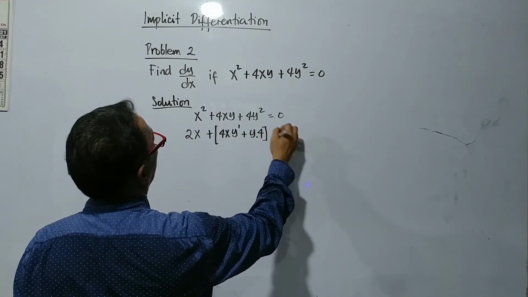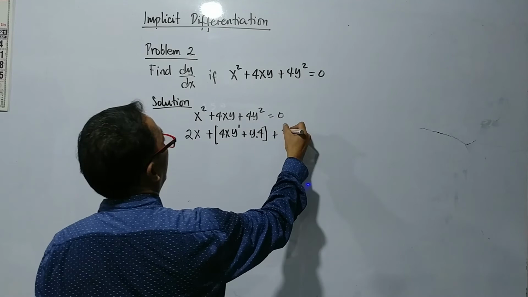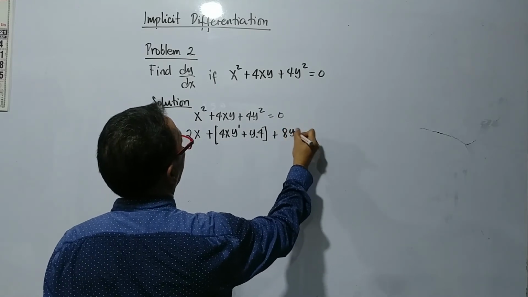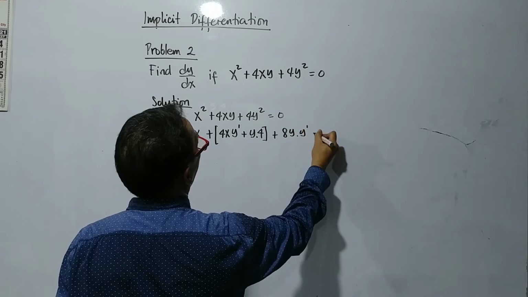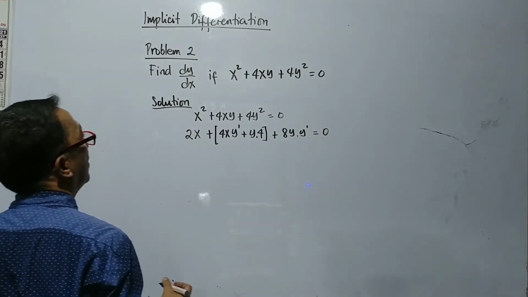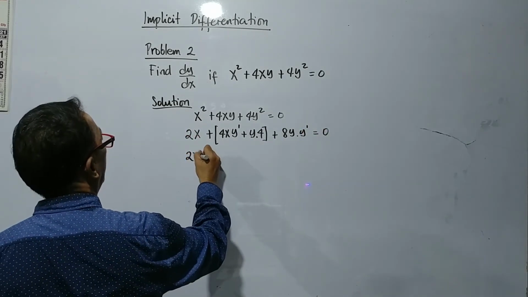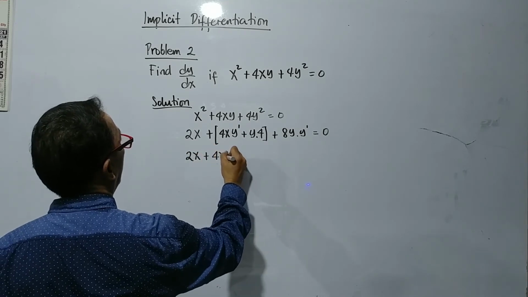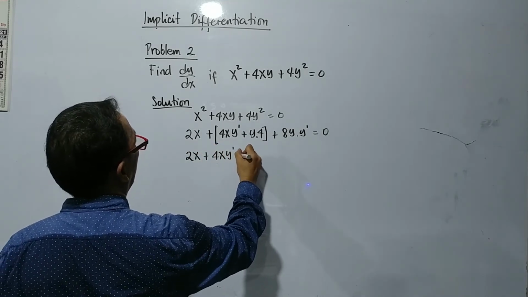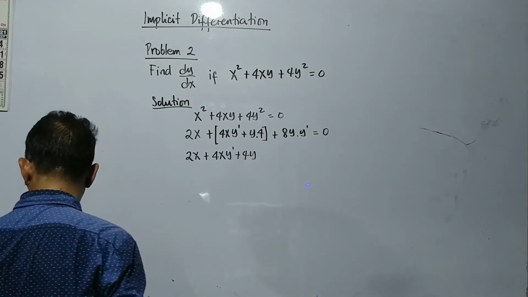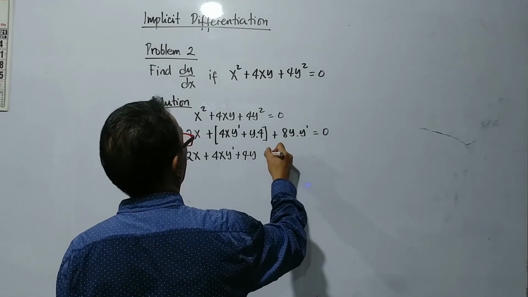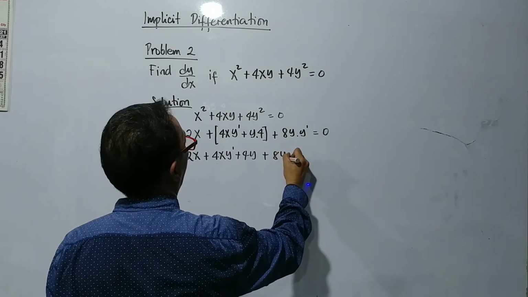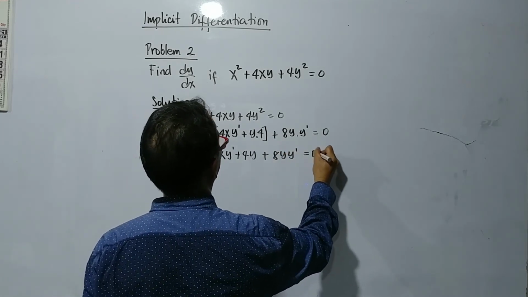Next, this is a power. We have 8y. Differentiate the term, y prime. The right side equals 0. So we have now 2x plus 4xy prime plus 4y plus 8y y prime equals 0.